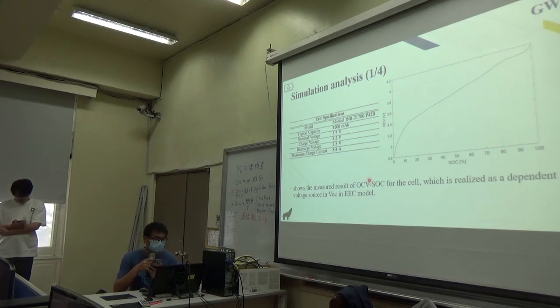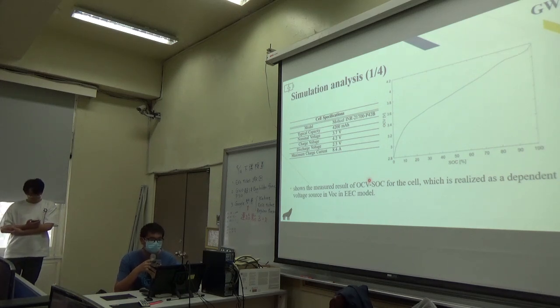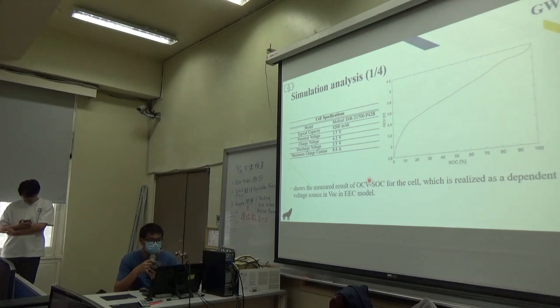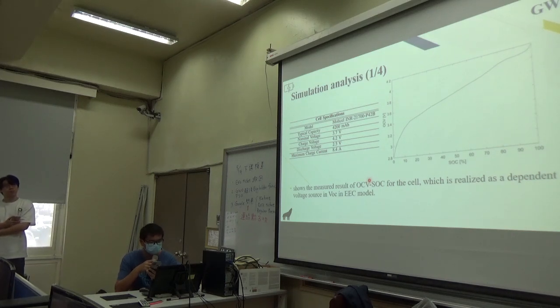The capacity is 4,200. The nominal voltage is 3.7 volts. Charge voltage is 4.2 volts. Discharge voltage is 2.5. Next, charge current is 8.4.